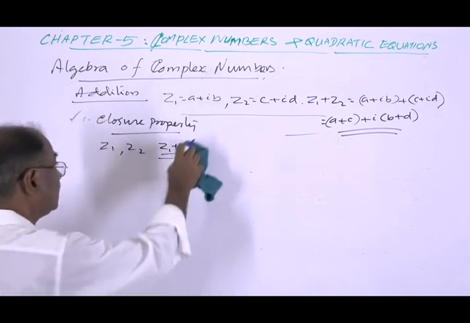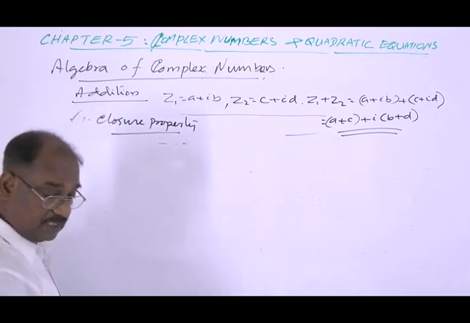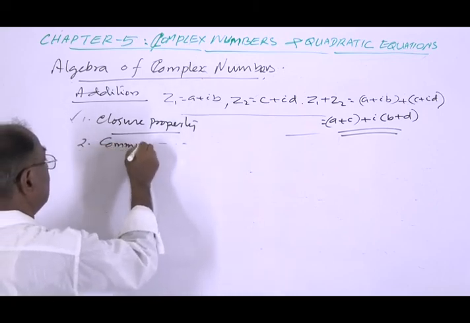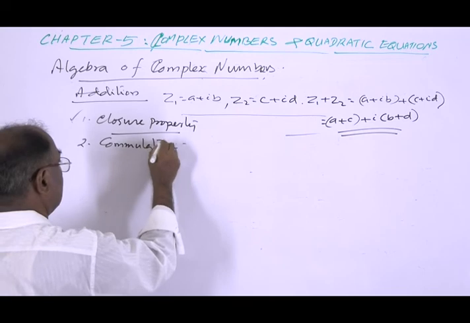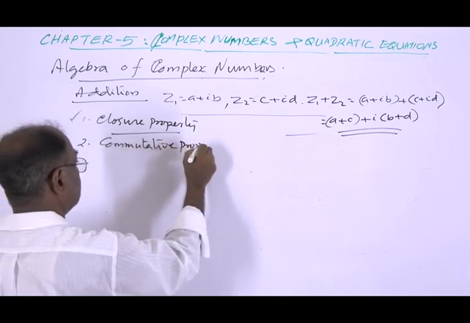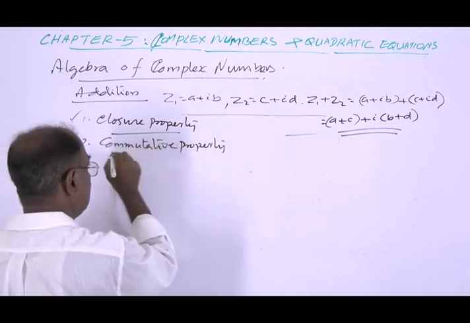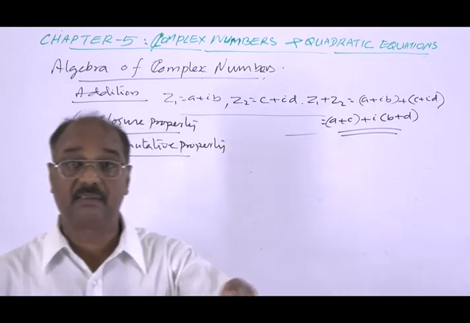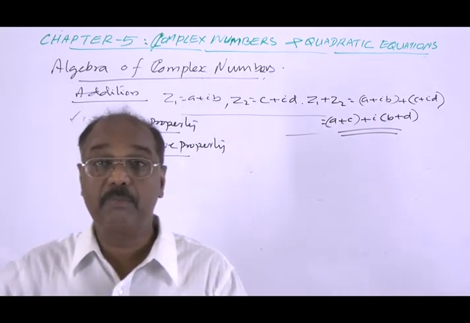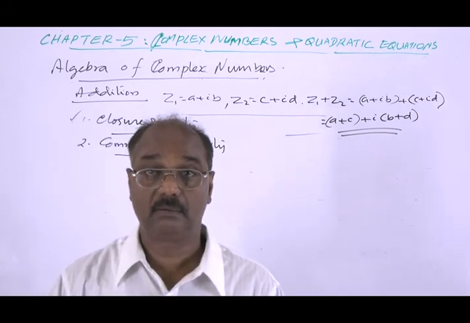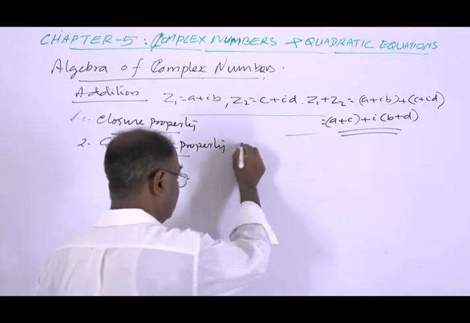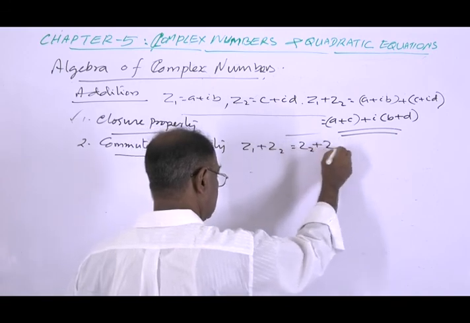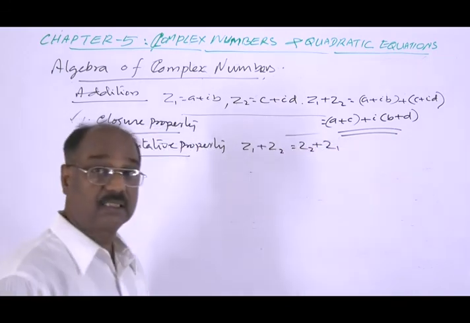And now the second property, which is the commutative property. The commutative property is: if the addition of two complex numbers commutes, that is, if Z1 plus Z2 is equal to Z2 plus Z1, we say the operation is commutative.